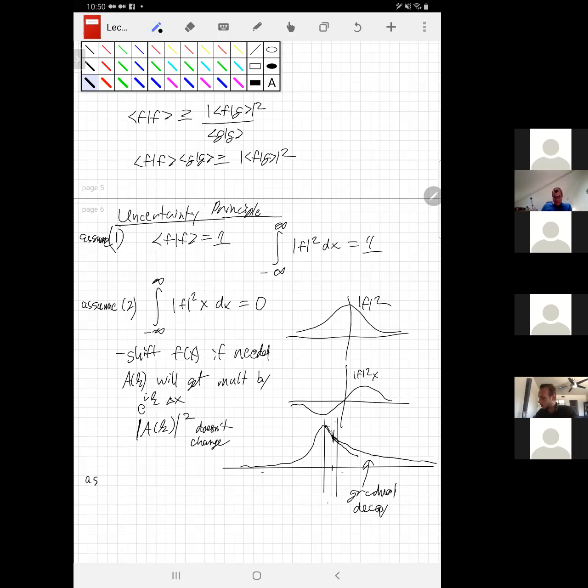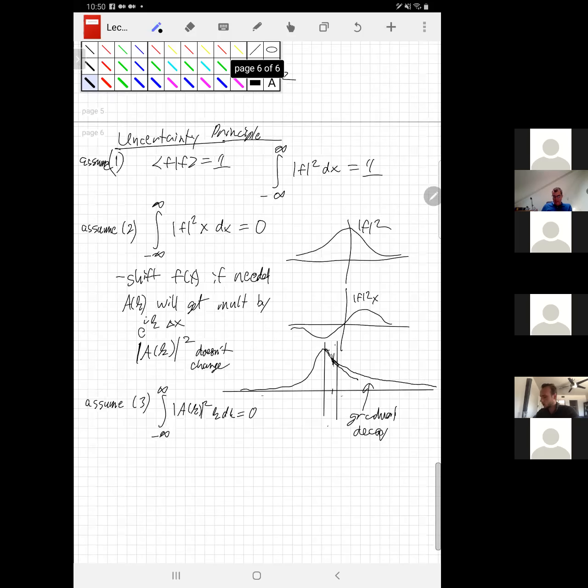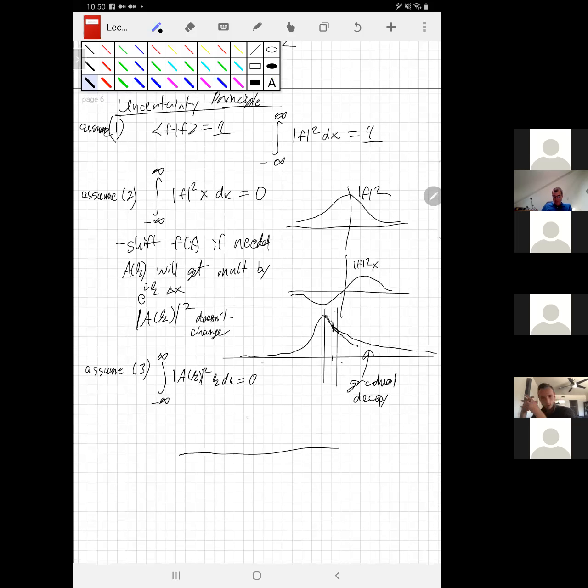So then let's make one final assumption, which is that the integral from minus infinity to infinity of the absolute value of a of k squared times k dk is also equal to 0. And you can say, well, that's not guaranteed. Well, no, it's not. But I could always, if necessary, again, shift my Fourier transform.